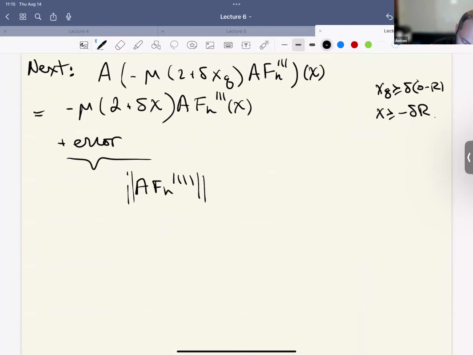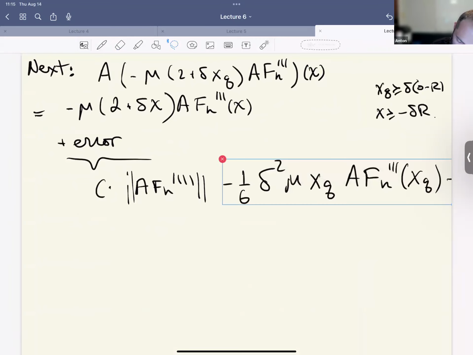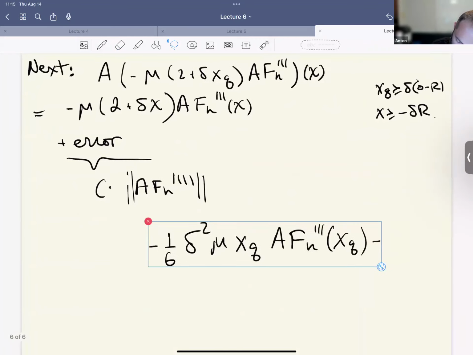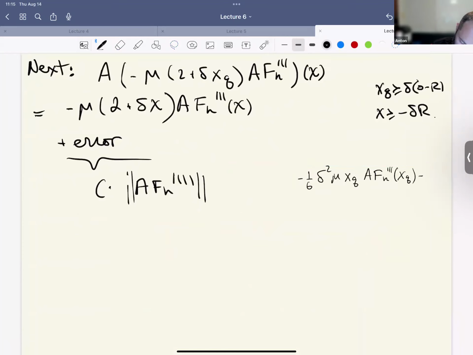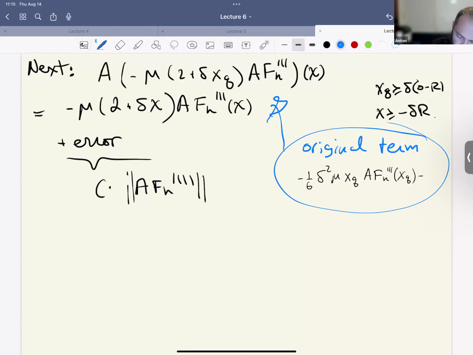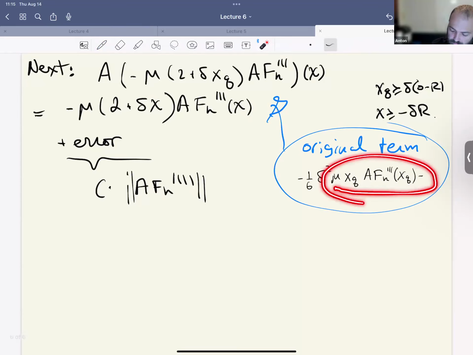So we see, and maybe over here, I can write original term. All right. Okay, so it is enough to bound.